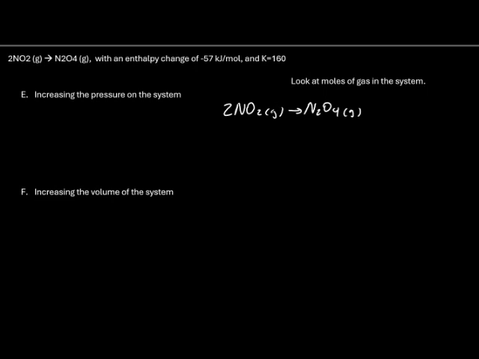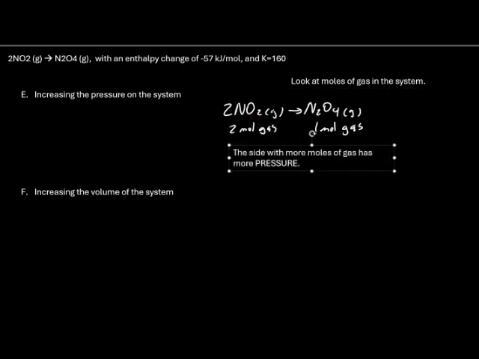Both the NO2 and the N2O4 are gases, so we have 2 moles of gas on the left and 1 mole of gas on the right. We are going to look at the side that has more moles of gas because that's the side that has more pressure. We can actually write the word pressure on the side that has more gas.